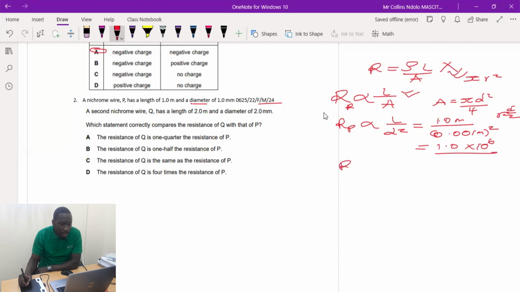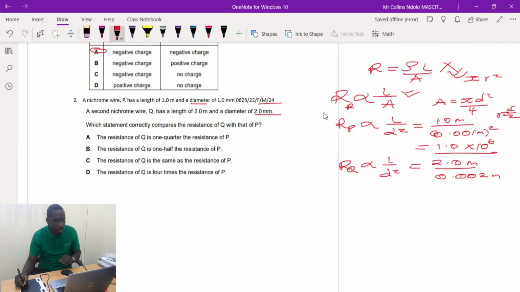If I look at RQ, which is directly proportional to L and inversely proportional to d squared, if I fix that, that will be 2.0 meters over 0.002 meters squared, because this is in millimeters, so we need to convert to meters. We get this as 5.0 times 10 power 5.